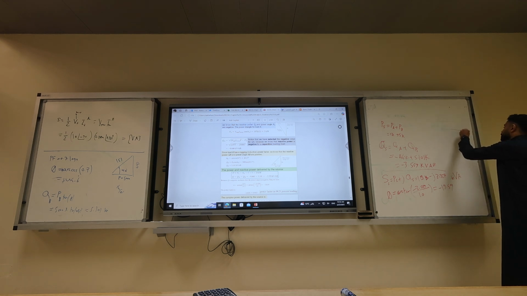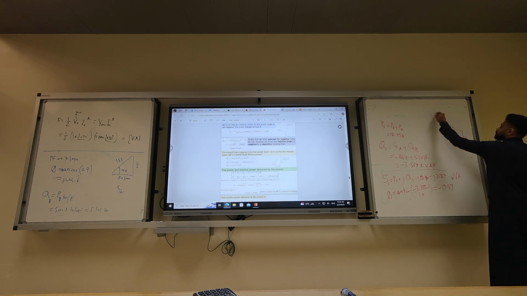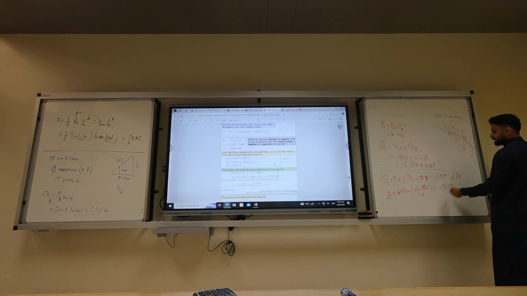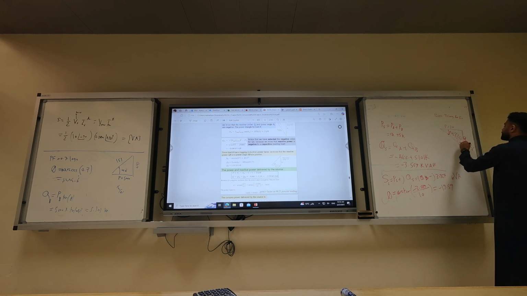Keep in mind that because Q is negative, we will have a triangle like that. This is minus 3.6. This is P equal 10. So this is the power triangle for source. So theta is what? Tan inverse of minus 3.6 over 10, which is minus 19.59 degrees.